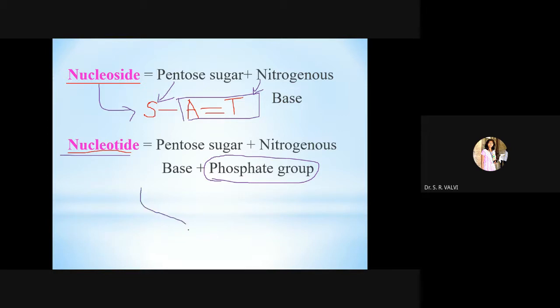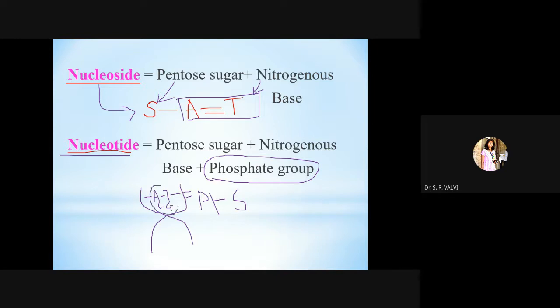Suppose these are the two strands. Getting it? So here what we have learned right now, this strand is made up of what? Phosphate and sugar, right? And internally these are the bases that are present. A is going to pair with T, then C is going to pair with G, right? So these are what? Nitrogenous bases.